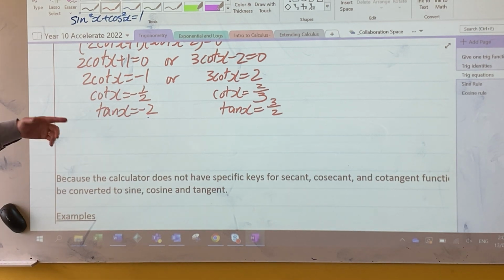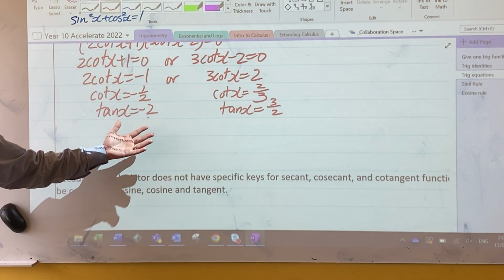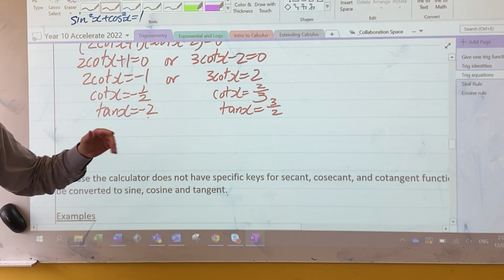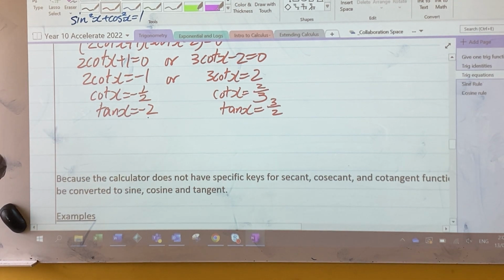Okay, so I'm going to ask you the same thing, type into a calculator, but don't do the negative. The negative just tells us which quadrant it is in, so just type inverse tan 2. What does it give you? Approximately to the nearest degree, shall we say? 63. Okay, 63, fantastic. ASTC.